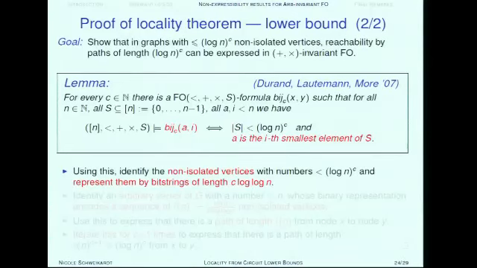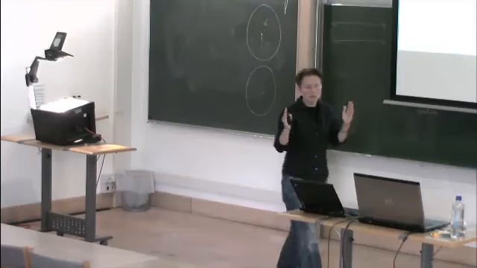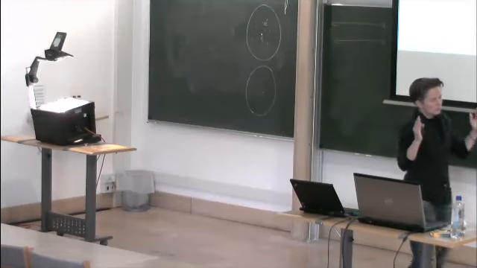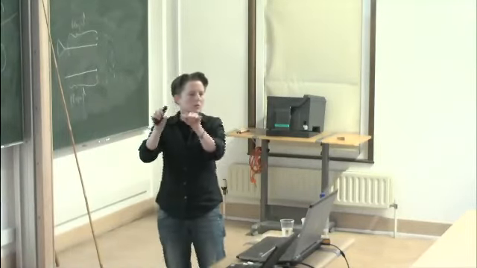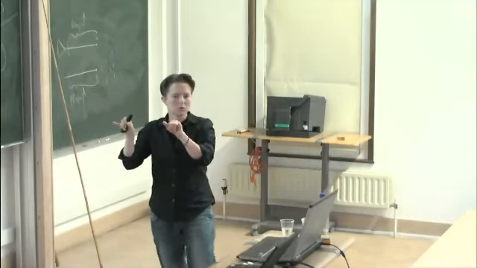There are only polylogarithmically many non-isolated nodes. You can represent each such node by a small number, a number smaller than log n to the d plus 1. And this can be represented by a bit string of length d times log n. And then you can use big numbers, whose binary representation has length log n. So you can use a big number to encode a list of such small numbers.